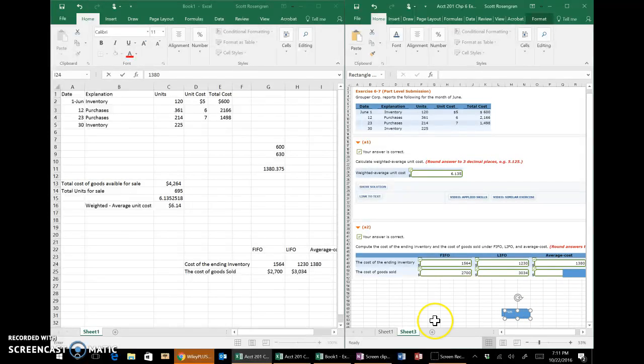And again, to get the cost of goods sold, we just take our total cost of goods available for sale minus our cost of ending inventory, and we get 2,884. And we'll check it here. 2,884.